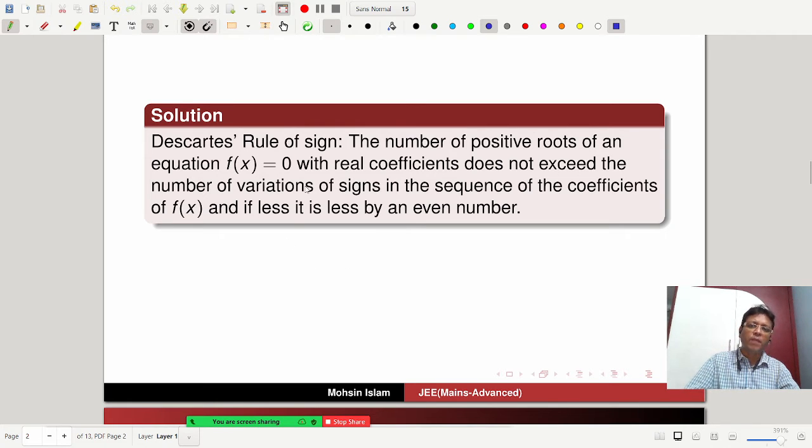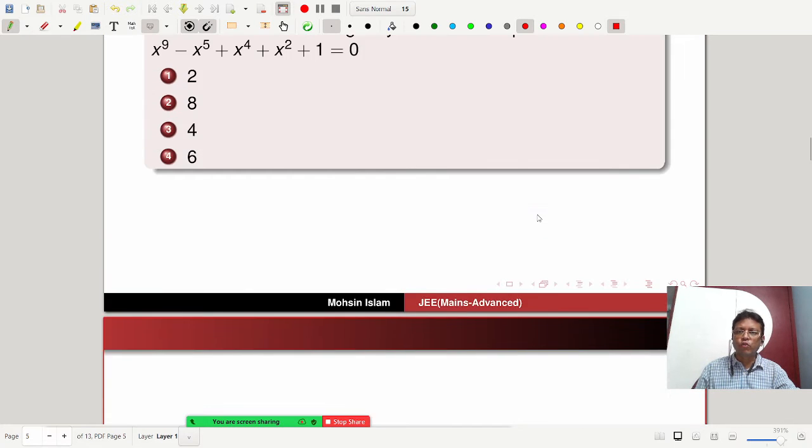You can write the same rule for the negative roots: the number of negative roots of the equation is found by replacing x by -x. Okay, that's it. So let us find the positive roots first.